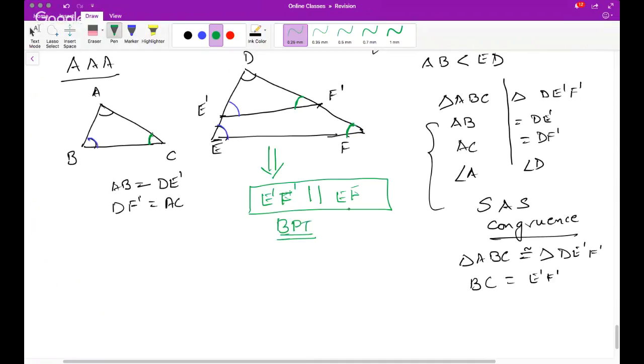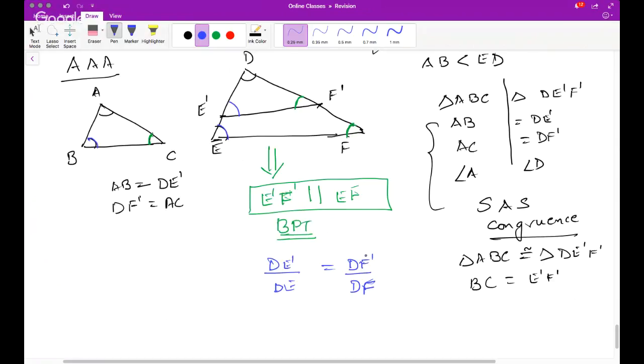So the moment I saw a parallel line, I can use BPT, and then I can say DE' by DE, it's actually the corollary to BPT, is equal to DF' by DF.